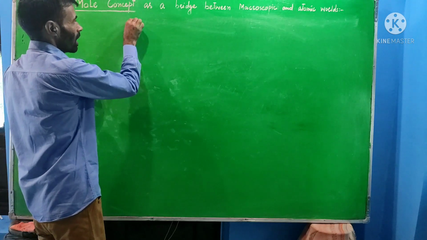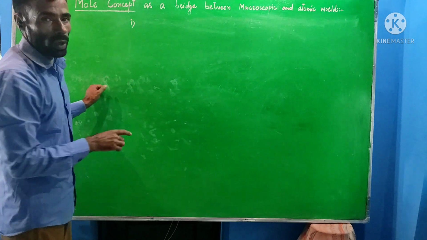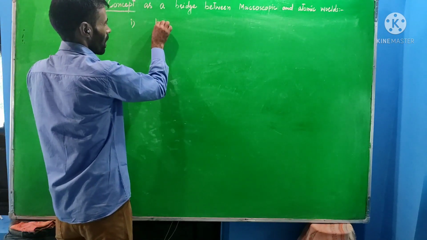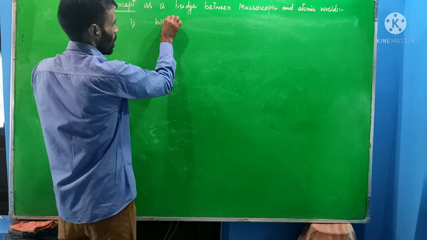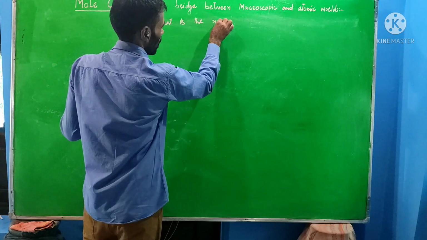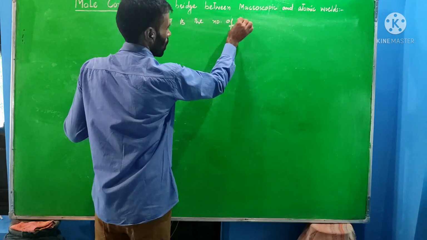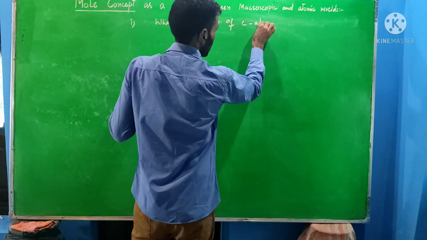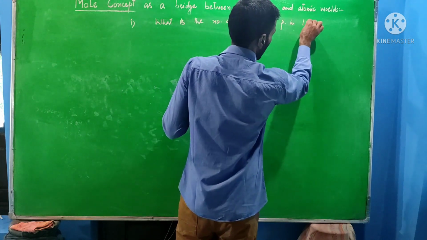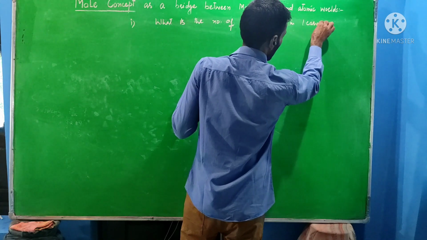I will take here some calculations involving this mole concept. For example, I will take this problem. What is the number of carbon atoms present in 1 carat of diamond?